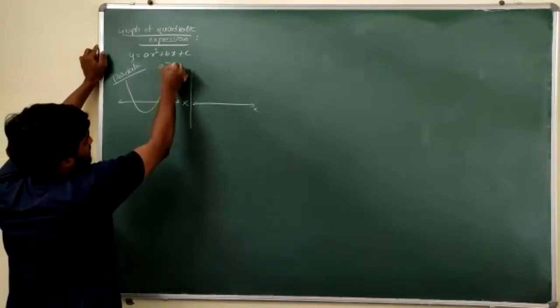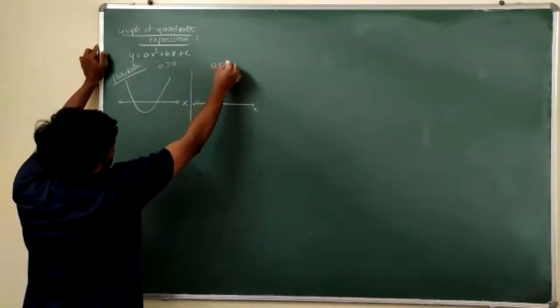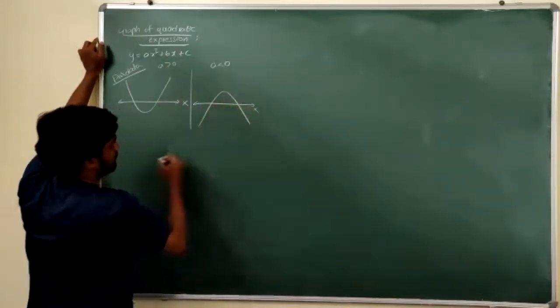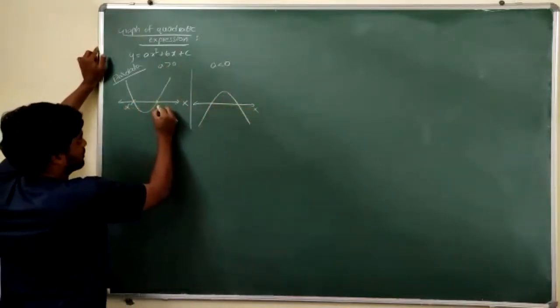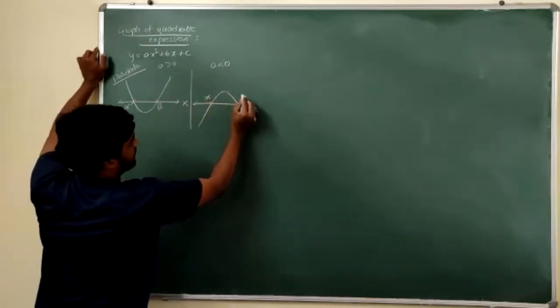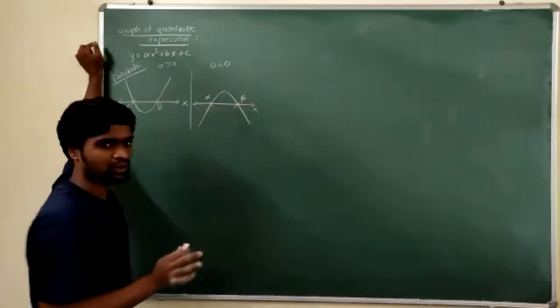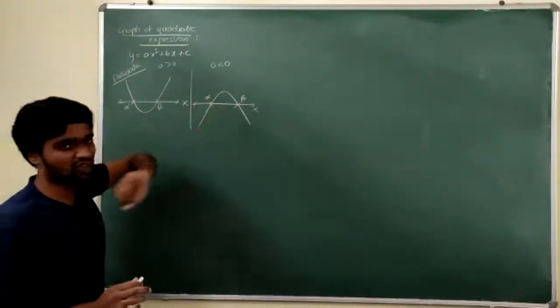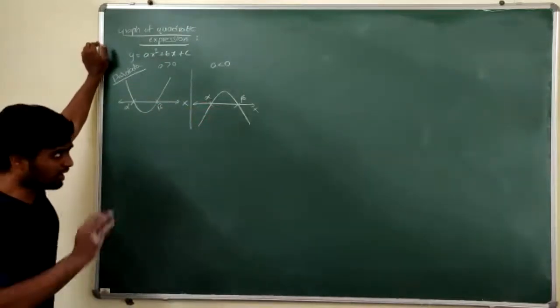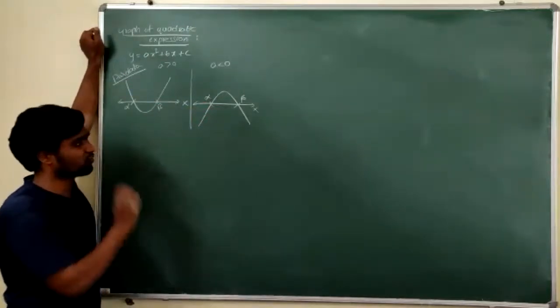Here, when a is greater than 0, and here, when a is less than 0, we have alpha, beta. So why are these alpha and beta? Because if alpha and beta are the roots of the equation, what does it mean?